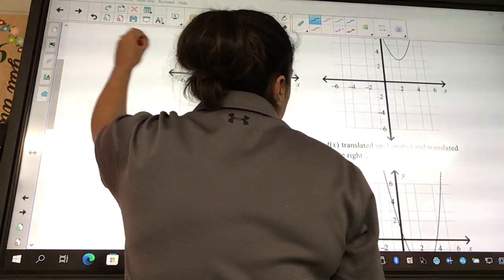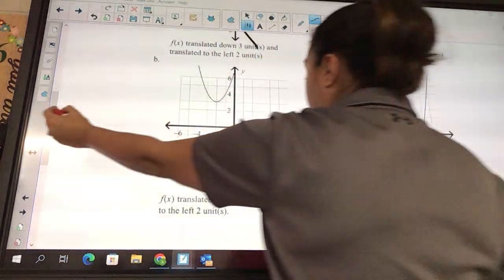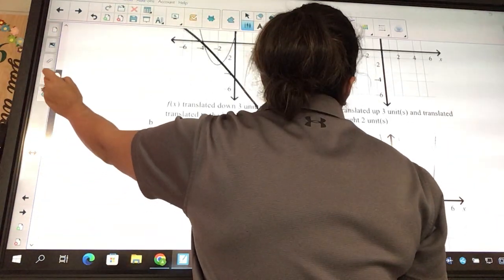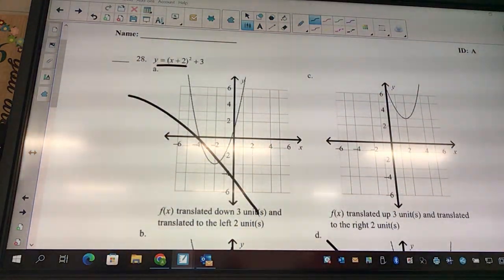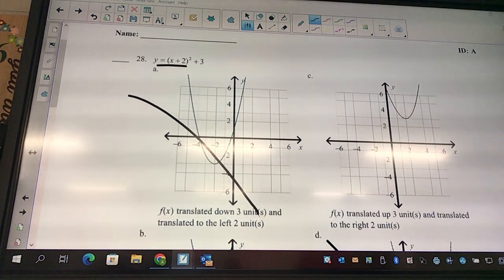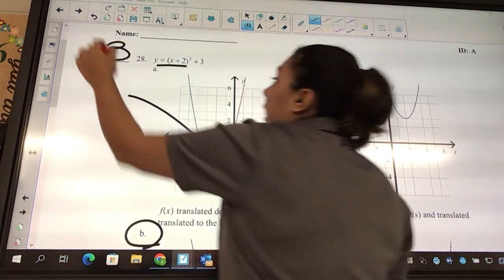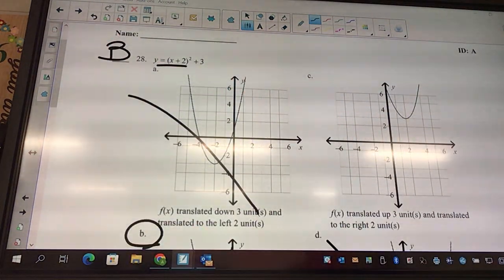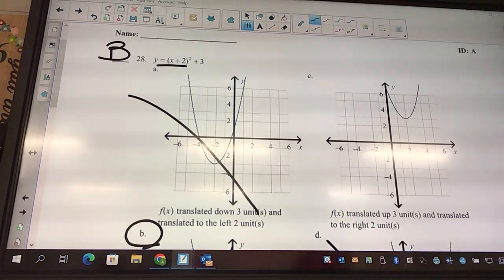Okay, so we can eliminate A. What else can we eliminate? D. Okay, and then the other ones say left 2 and right 2. So a plus on the inside, does that go left 2 or right 2? Goes to the left 2. So that's going to be B. Okay, and again, on Tuesday we'll take good notes, so that will be on your note sheet. Today we're just running through the problems so you can see what's going to be on your final.